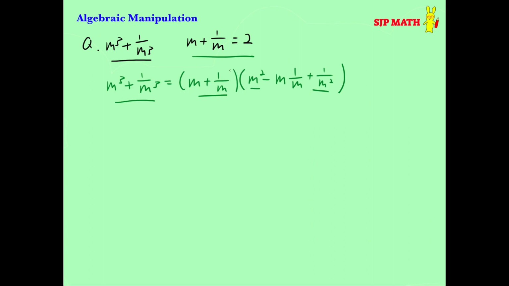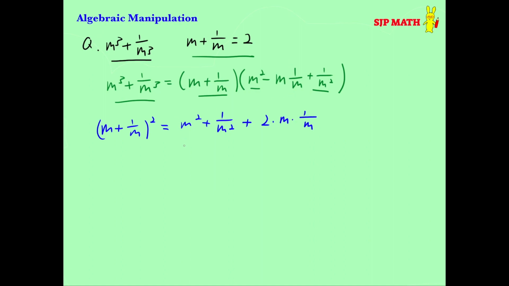Then if we think about an identity from the first video on algebraic manipulation, we know that there is an identity relating x plus y, x times y, and x squared plus y squared. So we're going to use that. m plus 1 over m, squared, is equal to m squared plus 1 over m squared plus 2 times m times 1 over m.